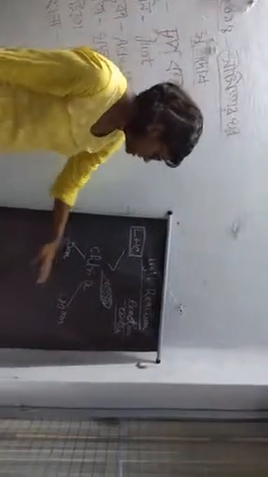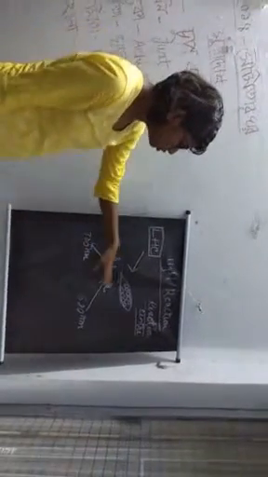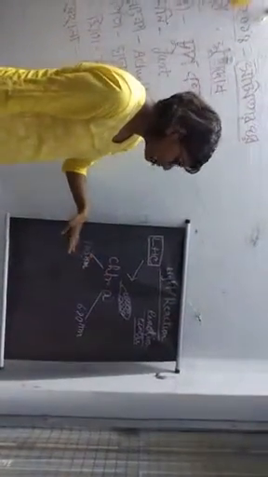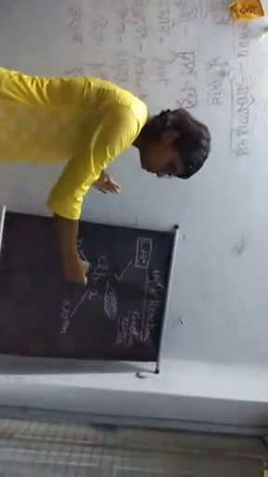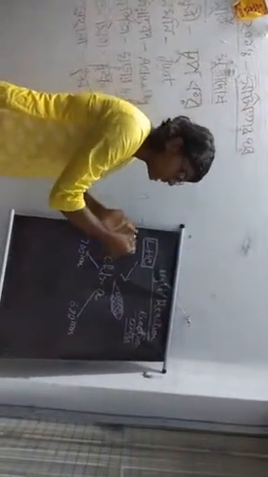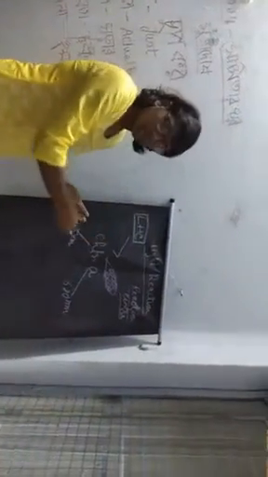So what is the meaning of 700 nanometer and 680 nanometer here? That means that chlorophyll A can absorb light from the spectrum where 700 nanometer wavelength of light is present.